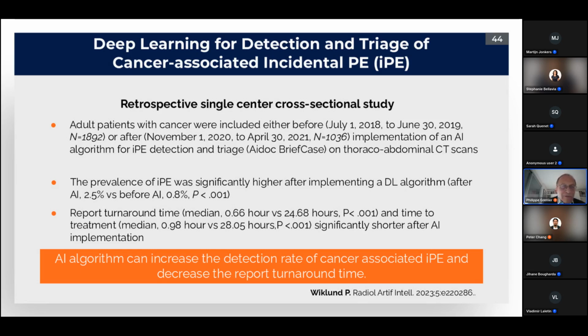The prevalence of incidental PE was significantly higher after implementing a deep learning algorithm, and report turnaround time and time to treatment were significantly shorter after AI implementation. So an AI algorithm can increase the detection rate of cancer-associated incidental PE and decrease the report turnaround time.